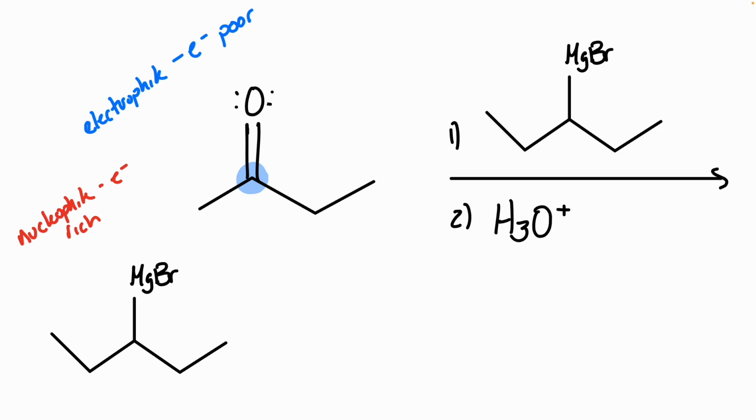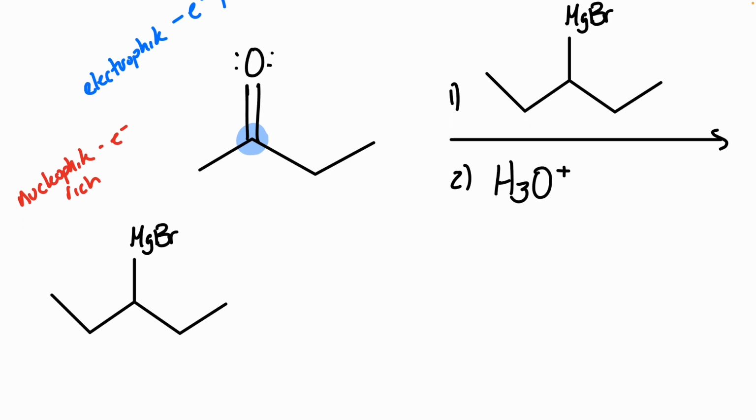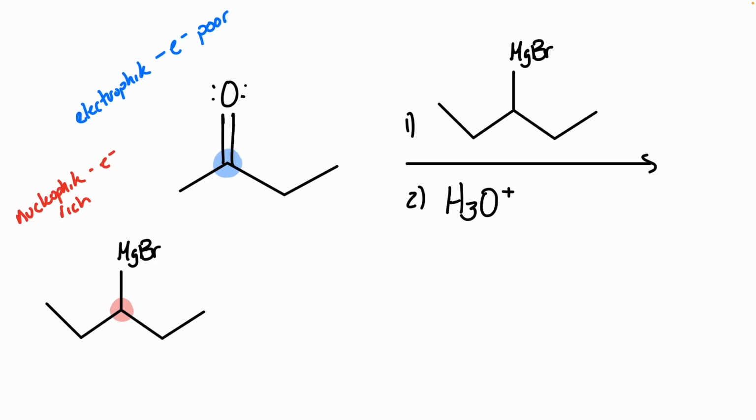It's not got a lot of electron density. Likewise, when we look at our Grignards, remember, because of that metal-carbon bond, carbon's able to take all those electrons away from that magnesium. So likewise, we want to see that carbon right there glowing red hot. There's a lot of electron density on that carbon and not a lot of electron density at that carbonyl carbon in my ketone.